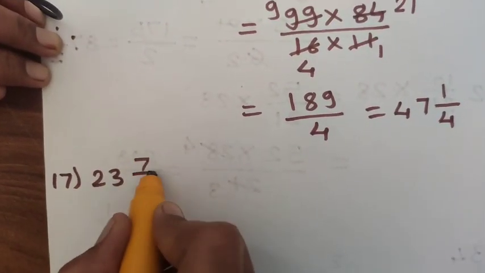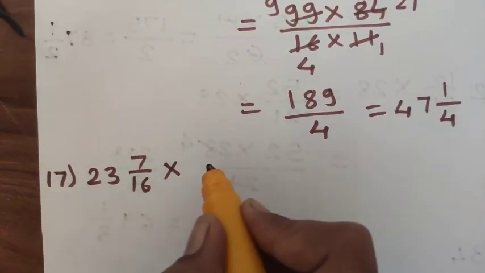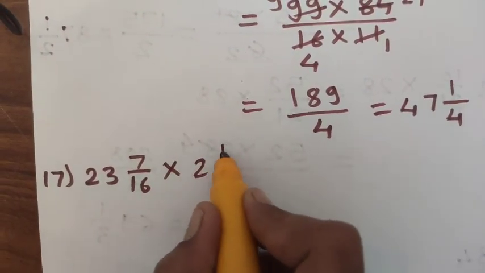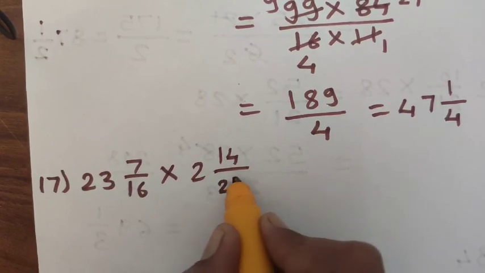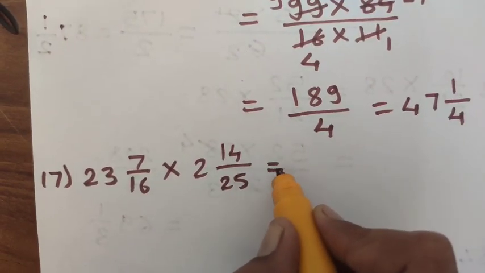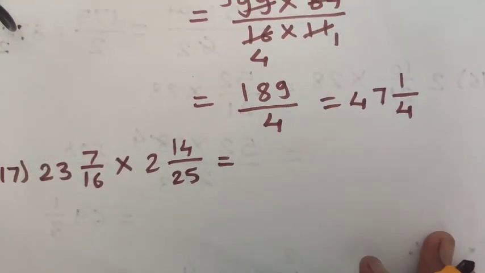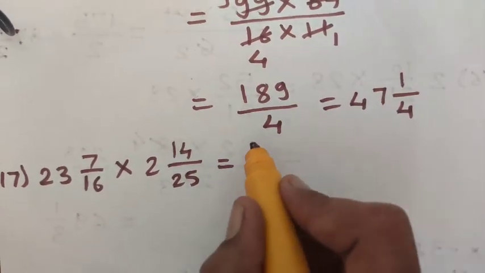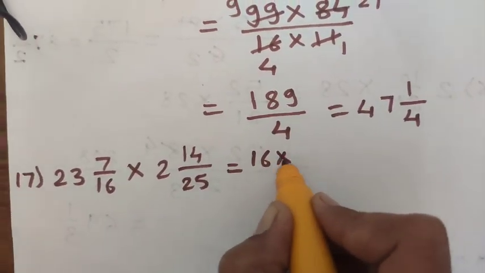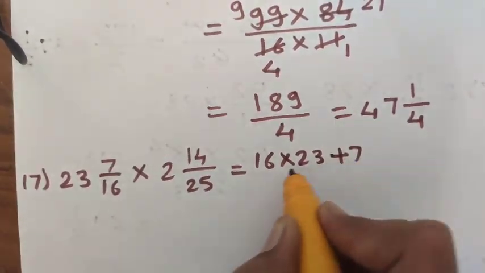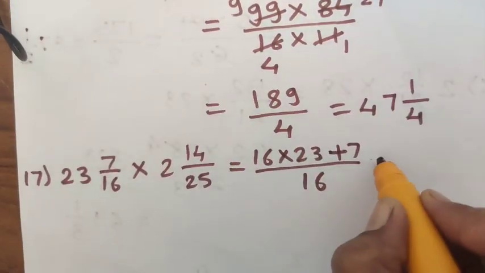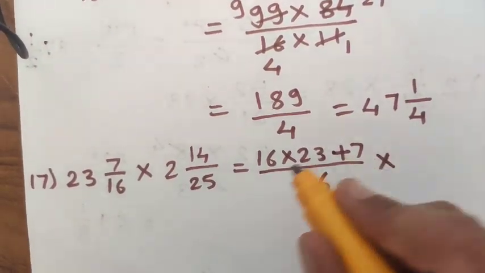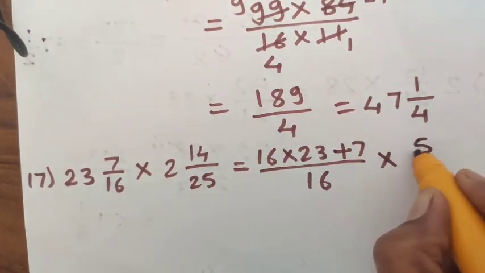23 integer 7 by 16 multiplied by 2 integer 14 by 25. So 16 and 23 multiplication, plus 7, 25 2s are 50.